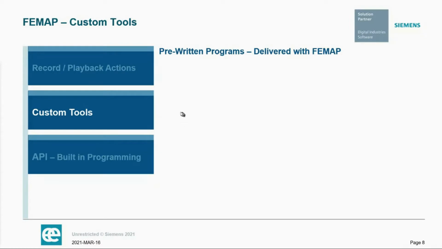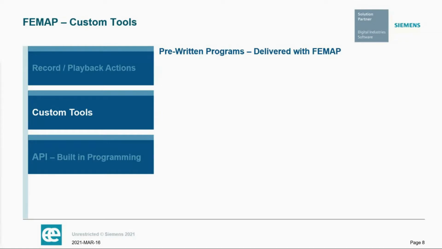We'll have a look at custom tools. Now, what are the custom tools? These are pre-written programs delivered with FEMAP. The reason they're done this way is because FEMAP engineers understand that you may use FEMAP a slightly different way to the next person.